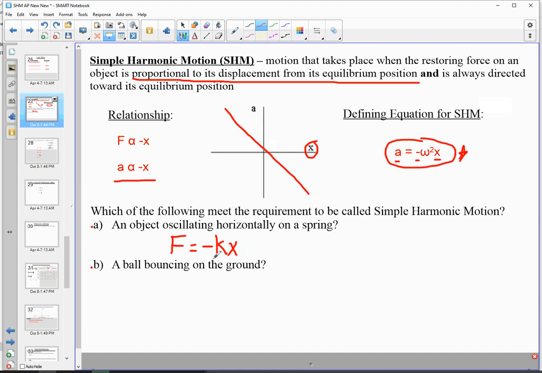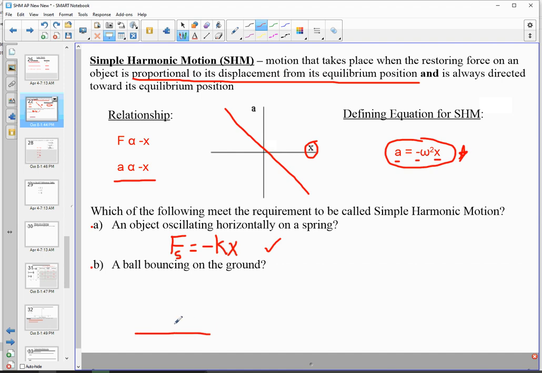Remember, the Regents reference table doesn't have the negative sign, but the AP does. That's to remind us that the force is always in the opposite direction as the stretch. So here we see that the force is proportional to negative displacement from the equilibrium position. So a mass oscillating on a spring, check, that is simple harmonic motion.